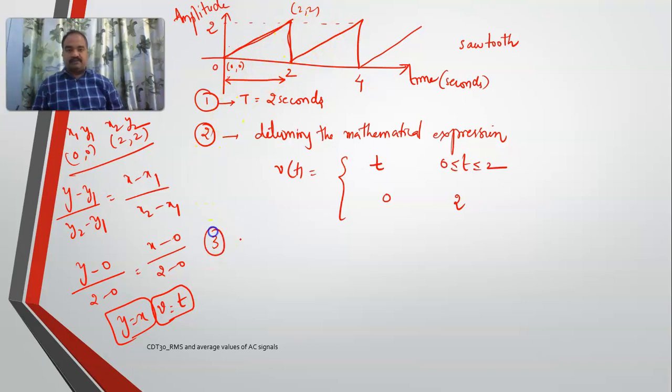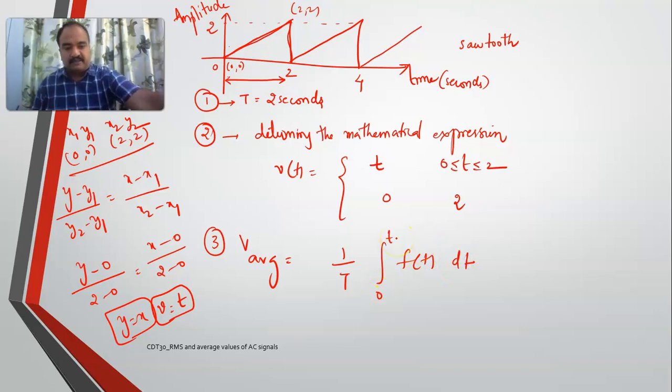Now the third step is determining the average value. Its equation is 1 by T integral 0 to T f of t dt. I should separate these time periods into different intervals.